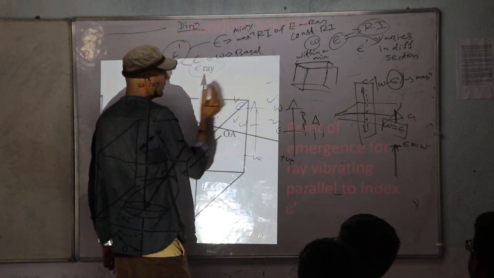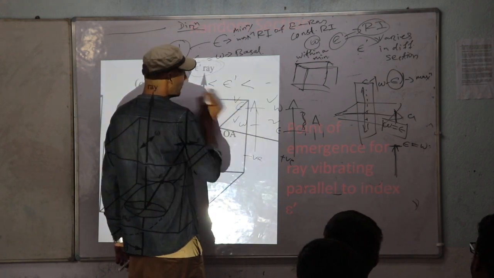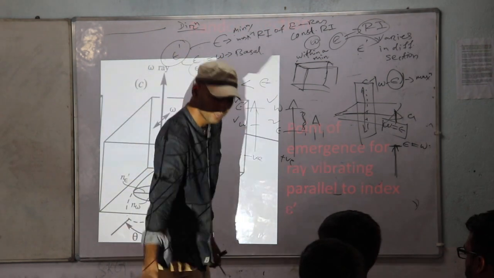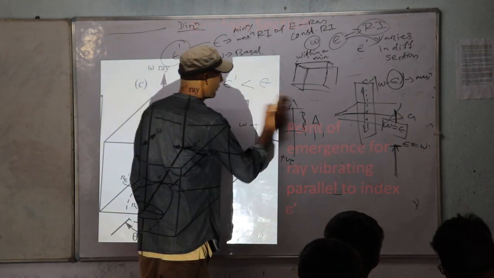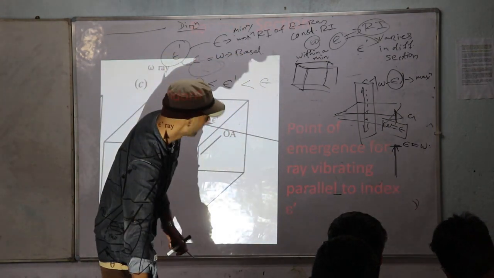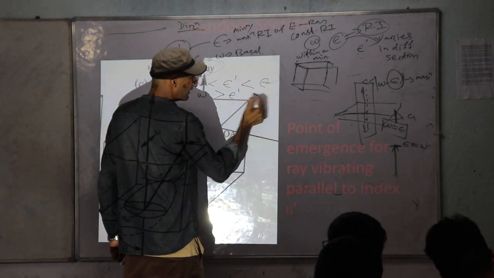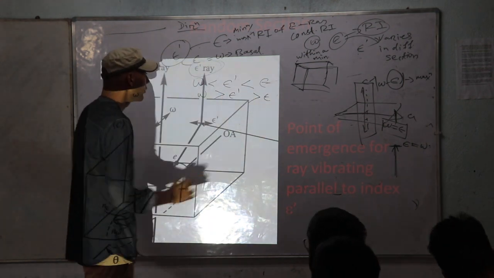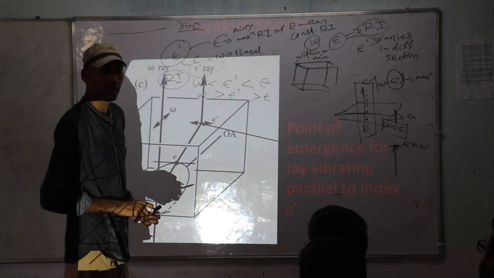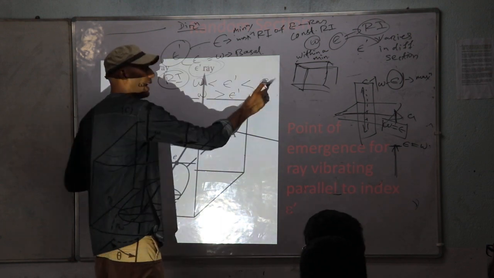Epsilon dash is either greater than omega and less than epsilon, or it can be omega greater than epsilon dash greater than epsilon. So if I am talking about refractive index, omega is less than epsilon dash and epsilon.